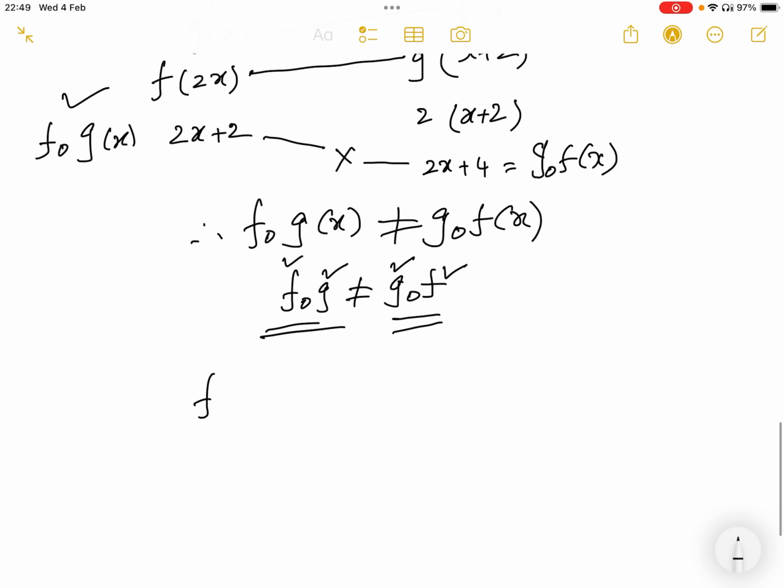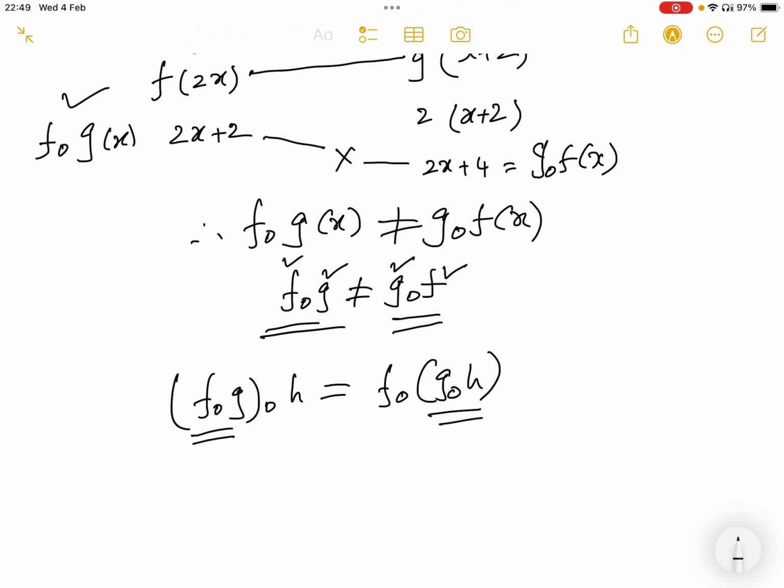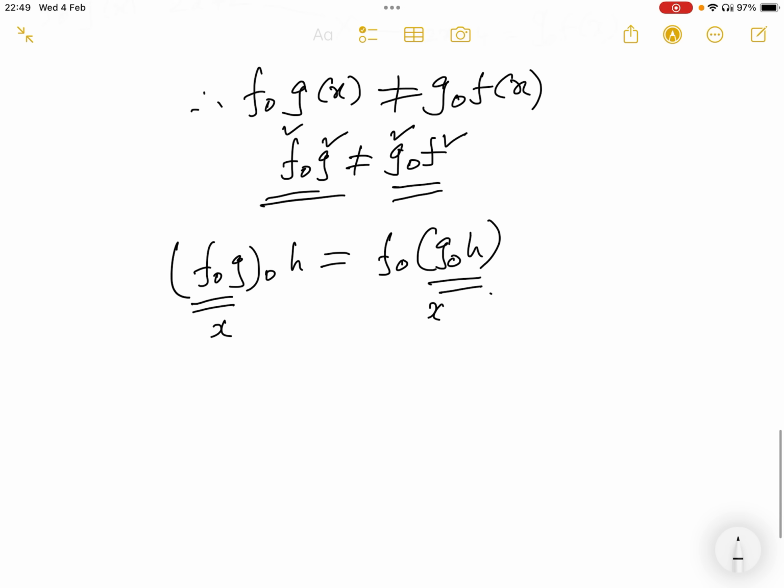What is that? f of g of h is always equal to f of g of h, however we group it. Why do we say so? Even though we group f of g and g of h, the sequence of processing is the same. Given that you give x to both the functions as input, the innermost is the rightmost function, that is h.